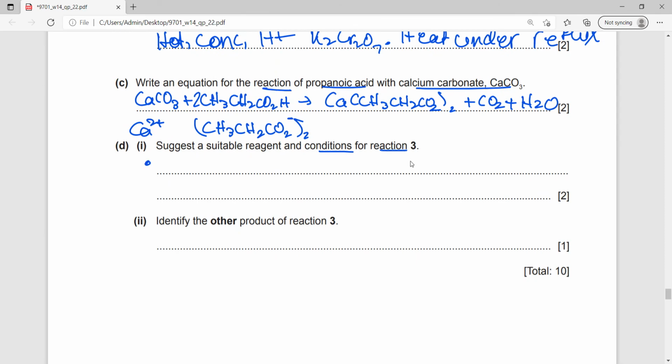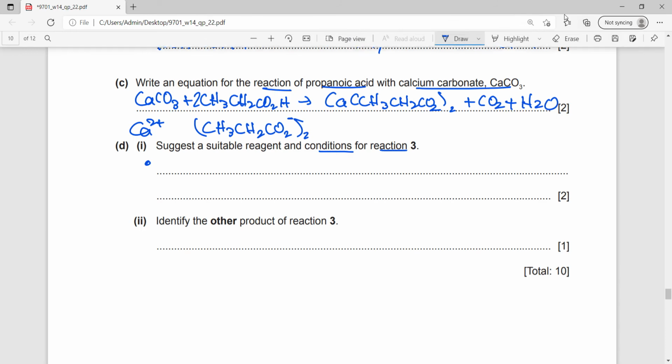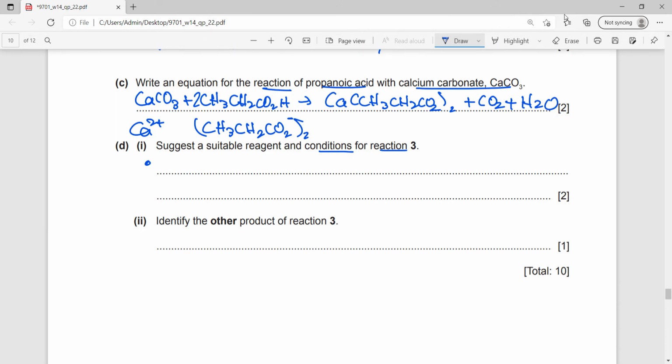We already have propanol, which will be the propyl part, and now we need the acid, which is ethanoic acid, or you can just write the formula CH3CO2H.